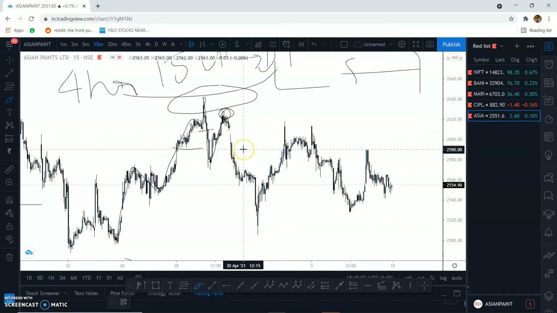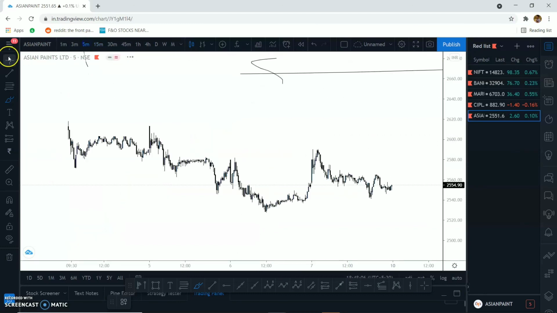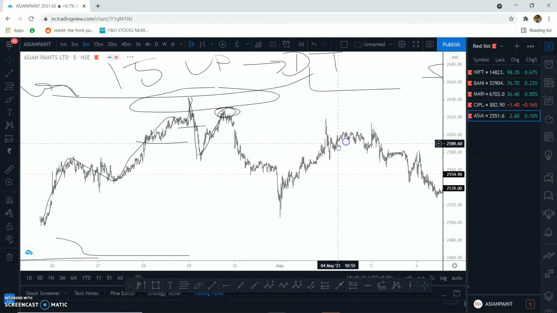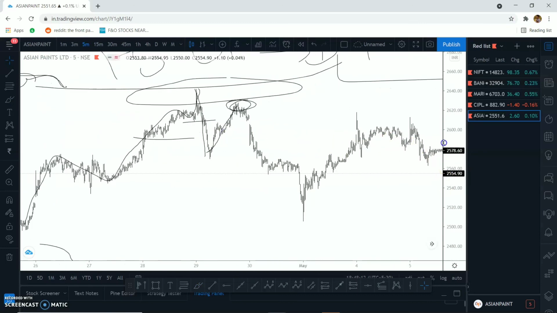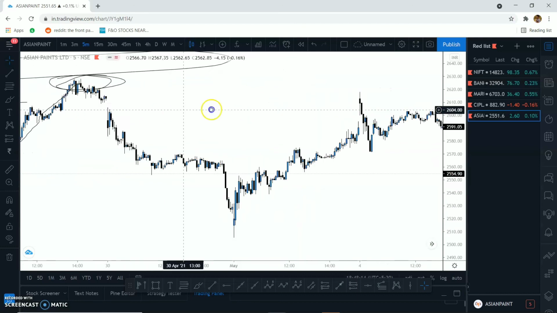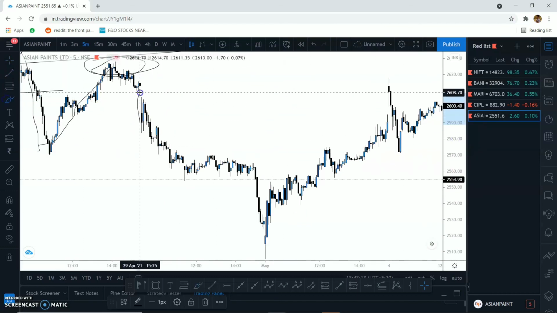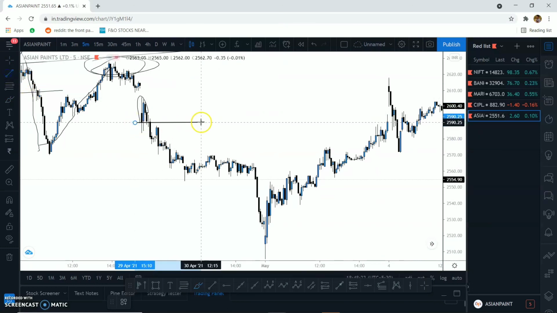But breakout traders understand, right? Probably the breakout traders could have taken a trade below. If you remember the power of 3 pattern, the price goes higher, small range, price breaks below this. So what is this supposed to be forming?